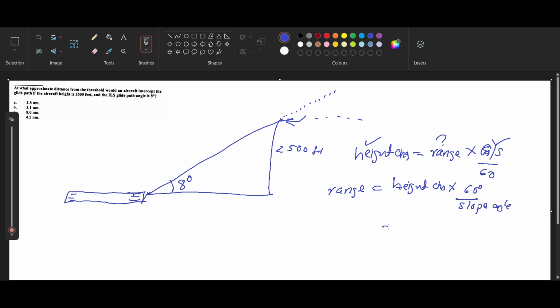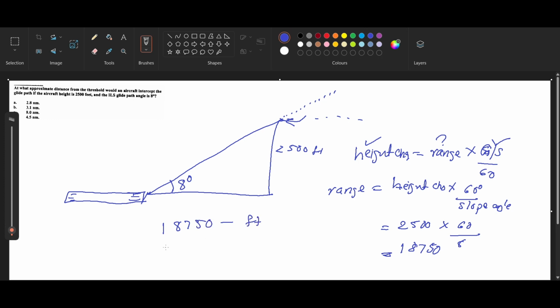Height change we have 2500 feet given in the question, into 60, and slope angle is 3. Using the calculator, 2500 into 60 divided by 3 is around 50,000. So 50,000 is in feet.